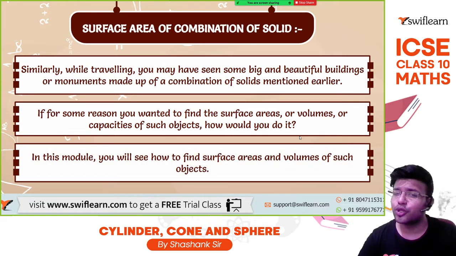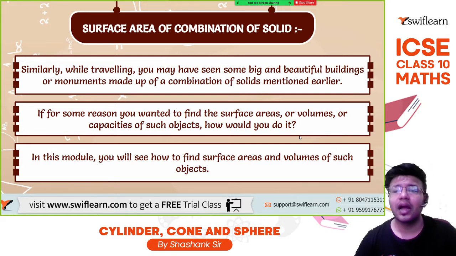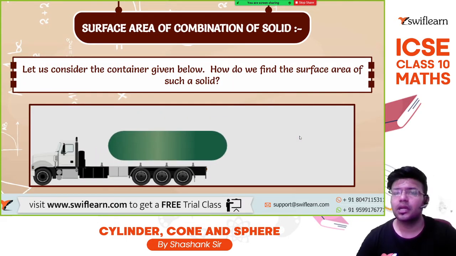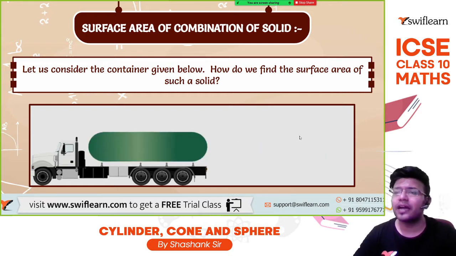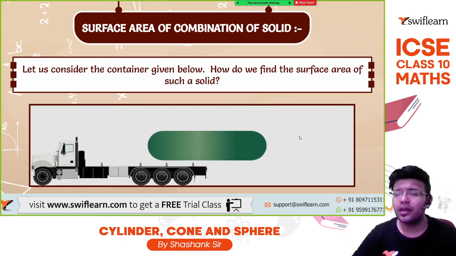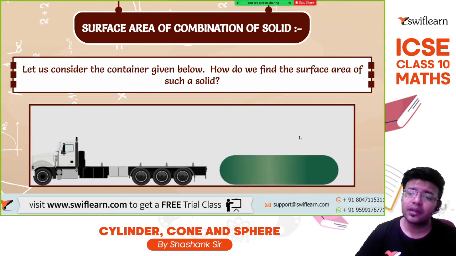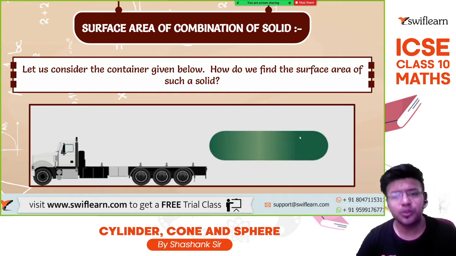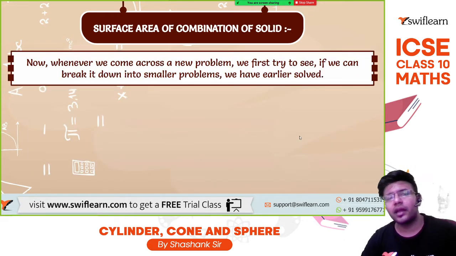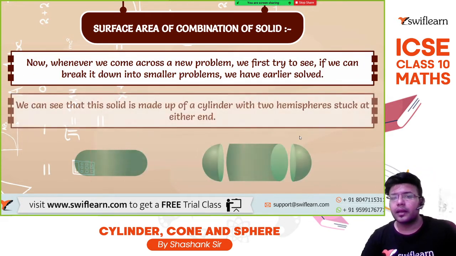In this module, we will learn how to find the surface area and volumes of such objects. Now let's consider this container given below. How do we find the surface area of such a solid? It's easy by splitting it into the shapes of solids which we know, for which we can calculate the volume and areas.